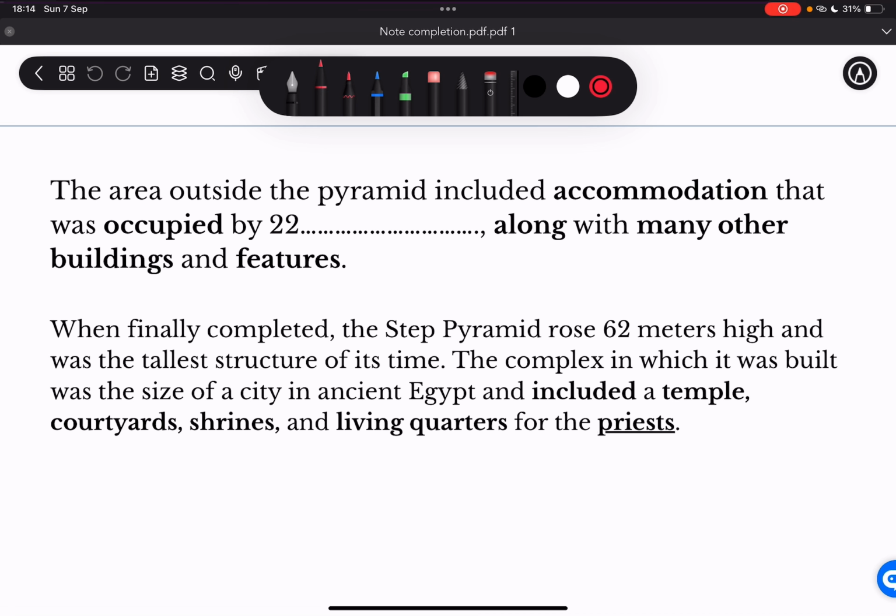As you can see, all this can be grouped into just one word: buildings. And the living quarters, the word accommodation is similar to the word living quarters, as you can see, for the priests. And the word which is missing in our gap is priests.